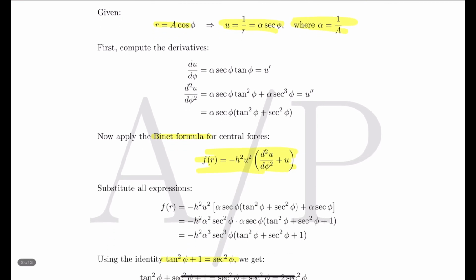Now this is Binet's formula, which is h square u square in the bracket, the double derivative of u with respect to psi plus u. So we are required to find the double differentiation of u with respect to psi.